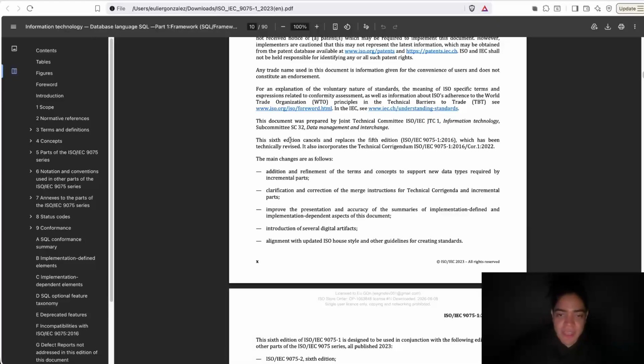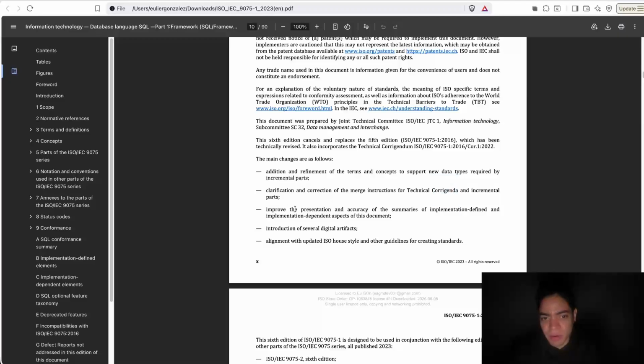This 6th edition cancels and replaces the 5th edition, which has been technically revised. It also incorporates the technical corrigendum. Okay, and the main changes are as follows: addition and refinement of the terms and concepts to support new data types required by incremental parts, clarification and correction of the merge instruction for technical corrigenda.